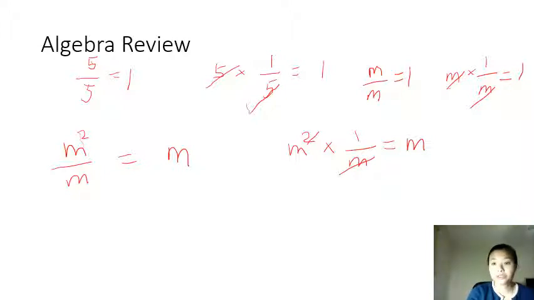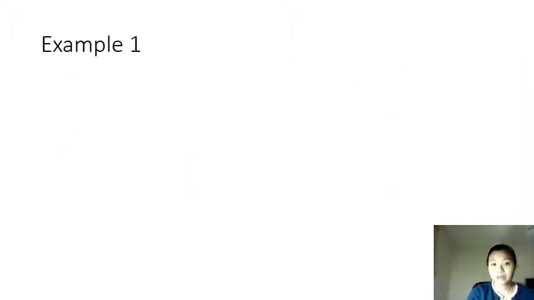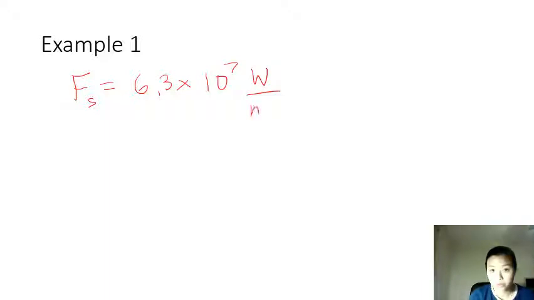Let's do an example where I'm going to list the information that I'm giving you, and then tell you exactly what you need to figure out. Let's say the flux of the sun is 6.3 times 10 to the 7th watts per meter squared.